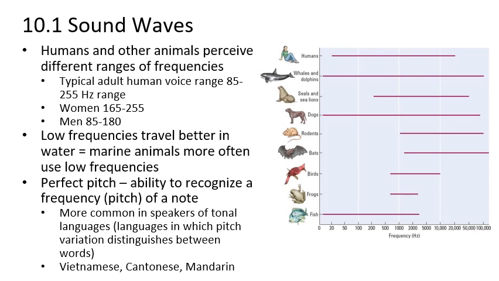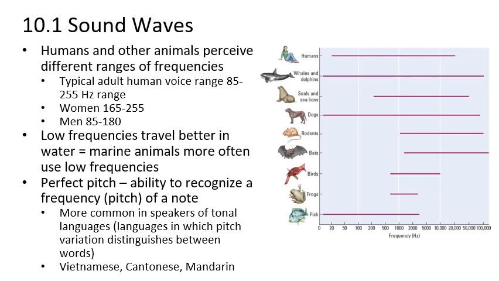There's a concept called perfect pitch, which is the ability to recognize the frequency or the pitch of a note just out of the blue with no tuning note or anything like that played beforehand. So somebody with perfect pitch could hear the sound of an alarm system and say that's an A, for example.